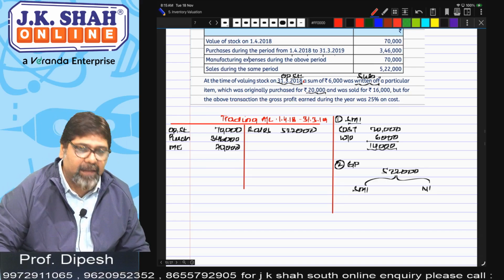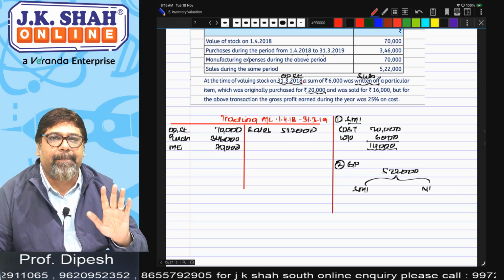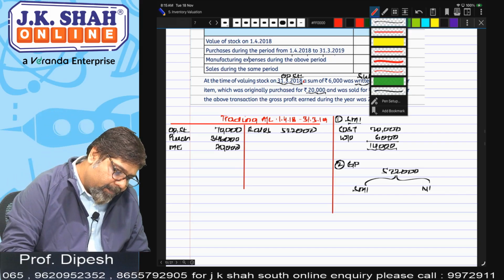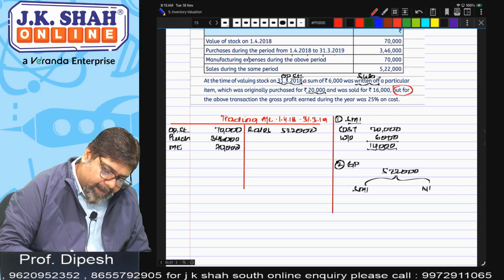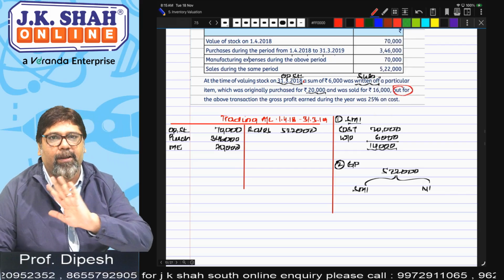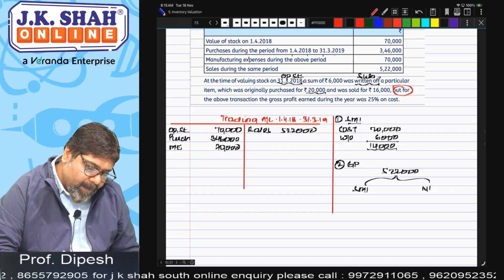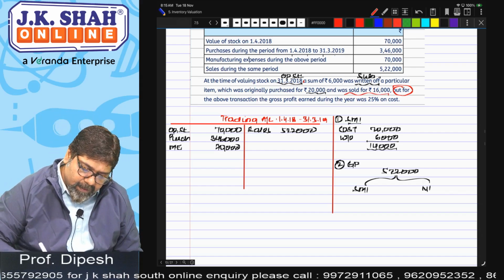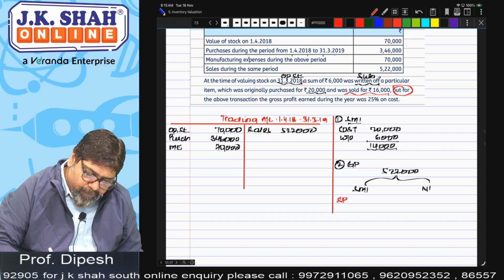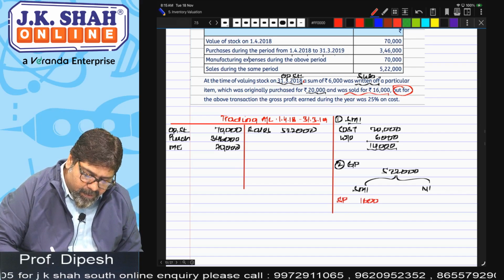But for means except. Except the above transaction, the gross profit was the same everywhere. This means the slow moving item was sold for 16,000. Very good.